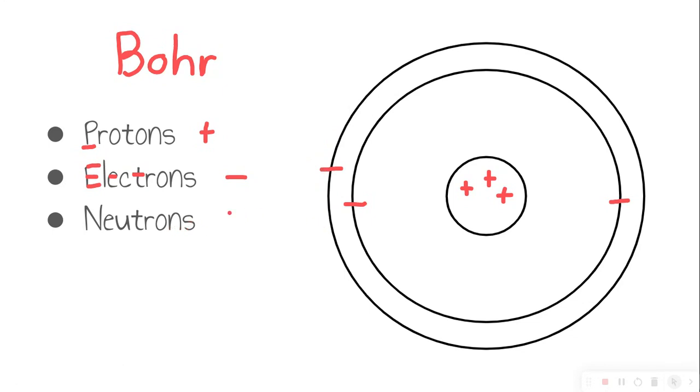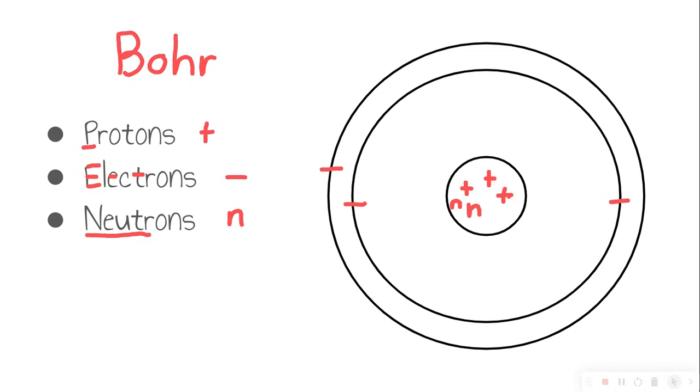Neutrons have a neutral charge. And I always remember this, that neutron and neutral start with the same 5 letters. So neutral neutrons. And neutrons are going to be found in the nucleus with the protons. And we can have a variation in the number of neutrons. So we have this element here, this atom.